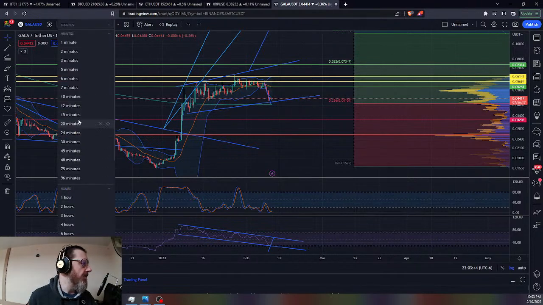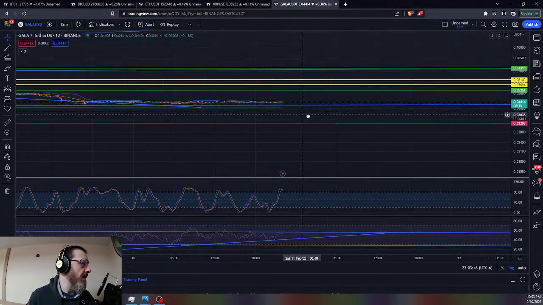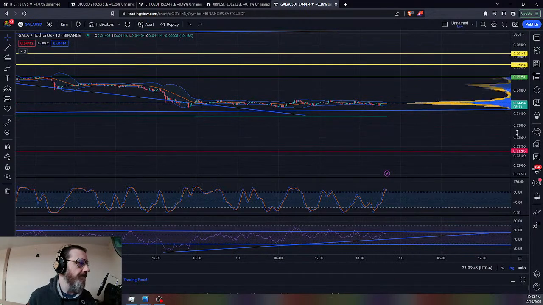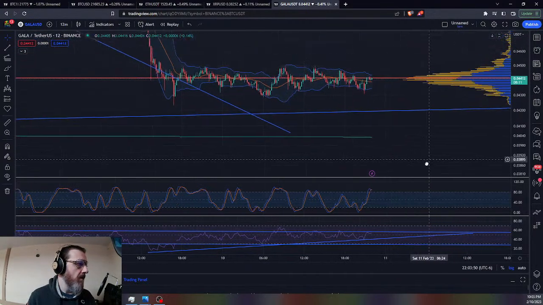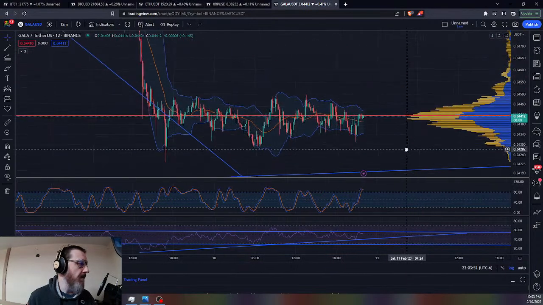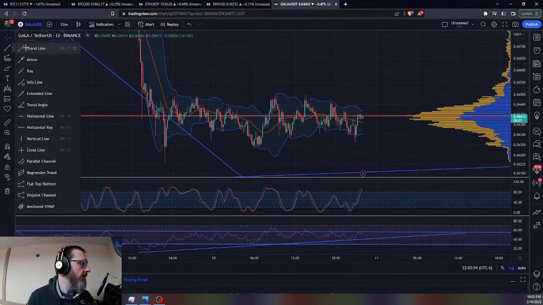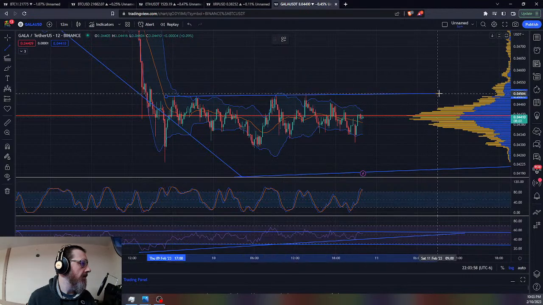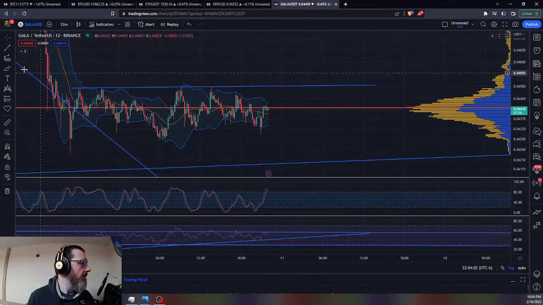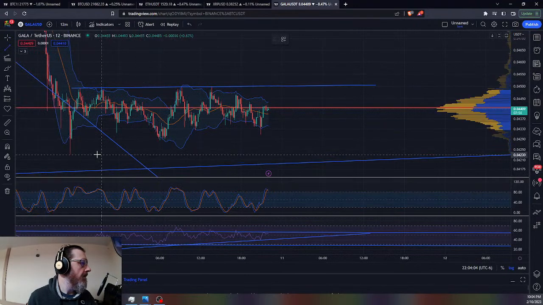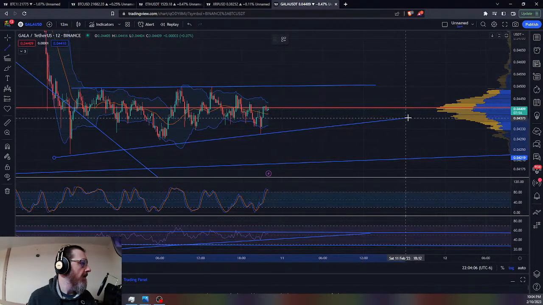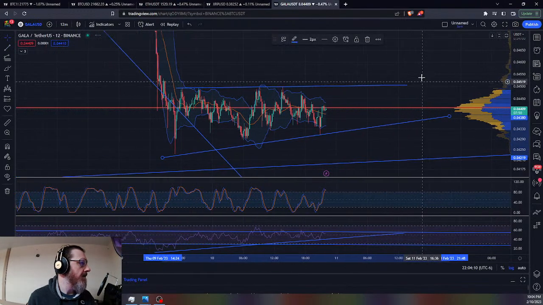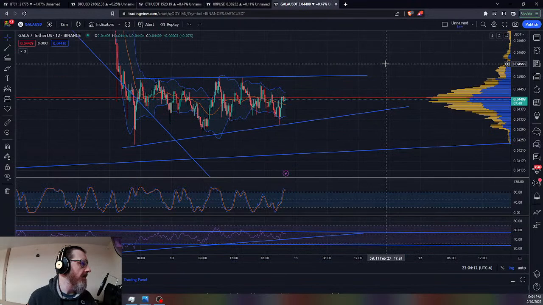In fact, we can drill down onto the 12 minute right now, and we'll see what kind of a pattern is playing out there for Gala. And this actually has a little bit of a bullish bias when we zero in on it.